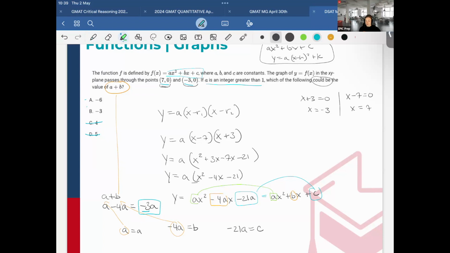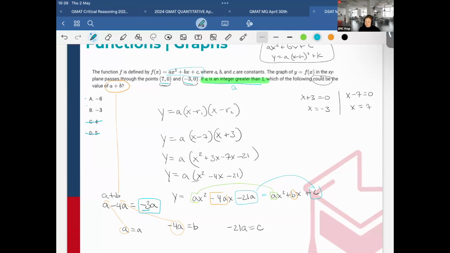It does highlight, it says a is an integer greater than 1. So that basically means, remember, it's an integer. So if it's the first integer that's greater than 1, it's 2. So I know a is going to be greater than or equal to 2.